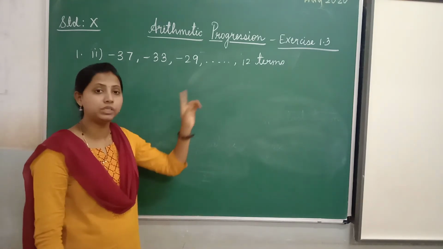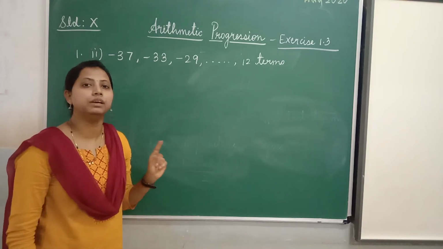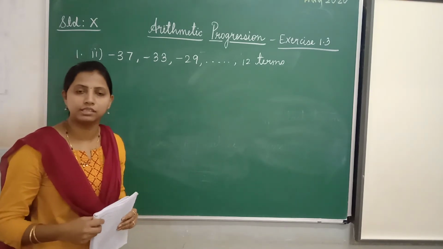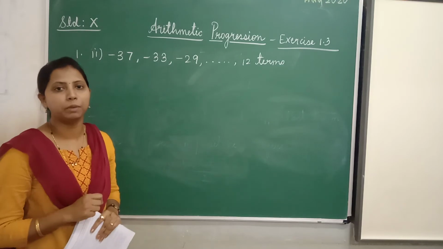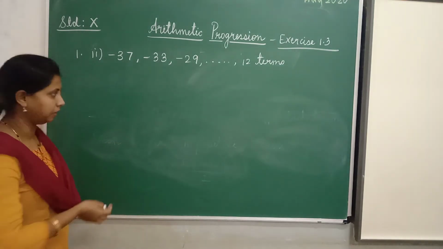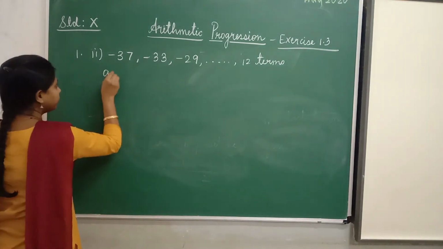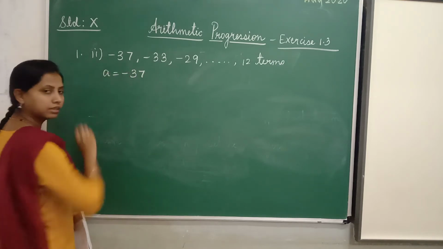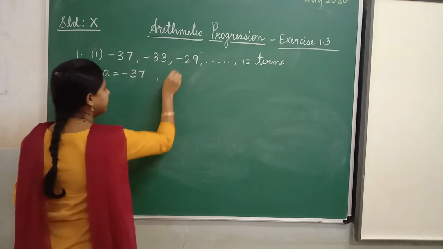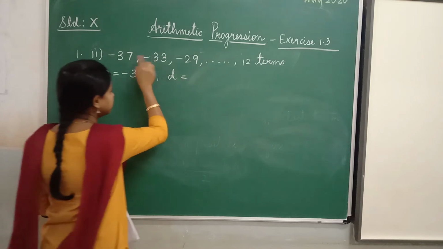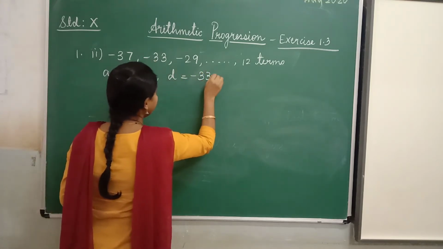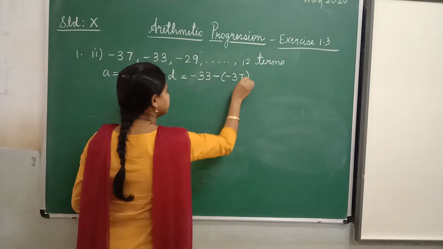Okay, so last term is not known yet, so we have to use the first formula, that is Sn is equals to n by 2 into 2a plus n minus 1 into d. Okay, so write the first term. The first term here is minus 37. Then d, difference is minus 33 minus of minus 37.